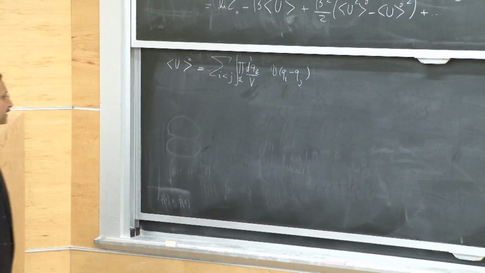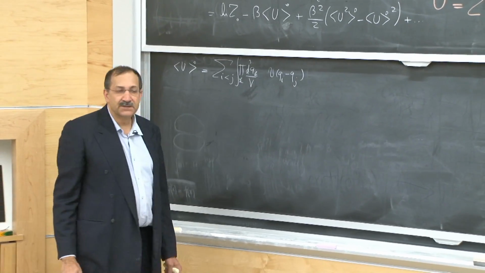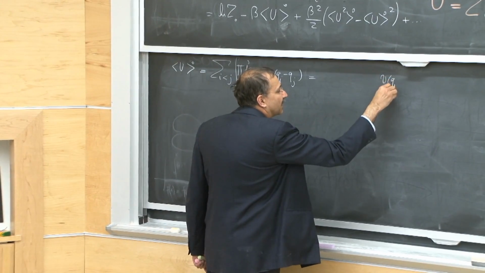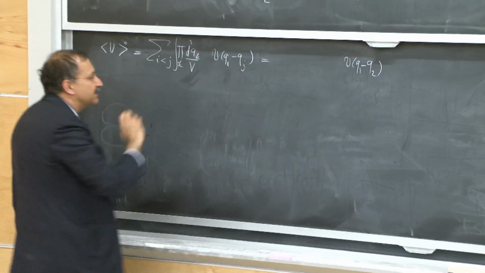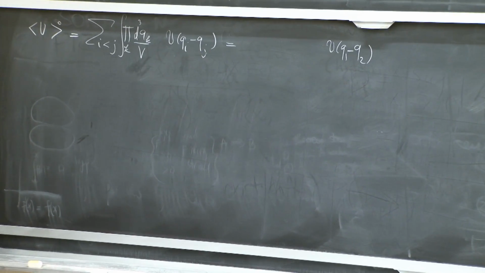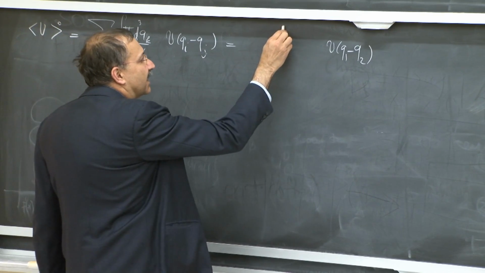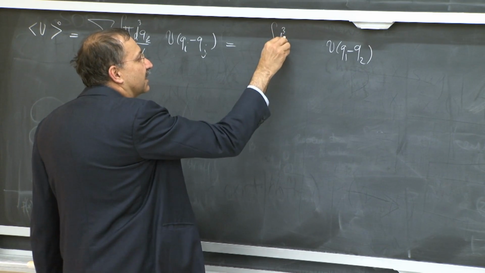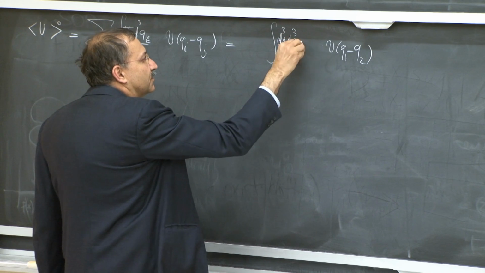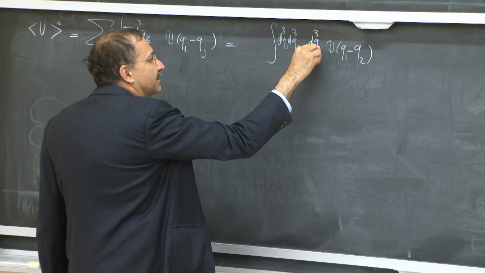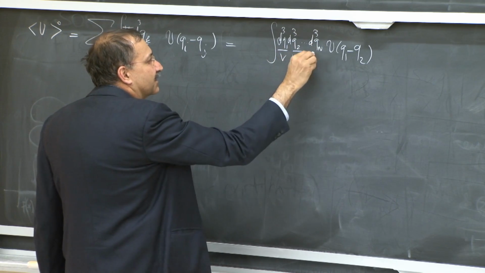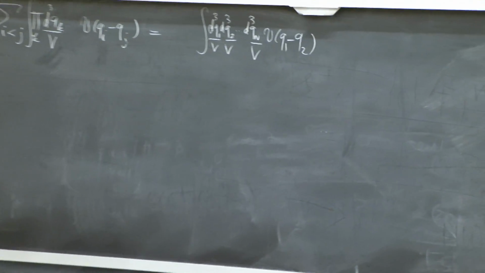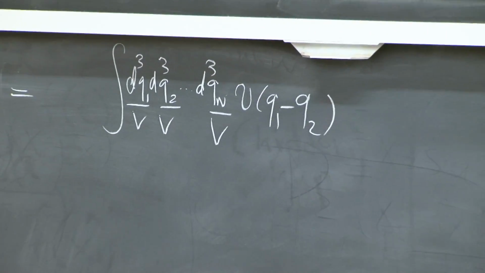OK, so let's say we look at the first term in this series, which involves v of q1 minus q2. Let's say we pick that pair, q1 and q2. And explicitly, what I have here is integrals over q1, q2, up to qn, each one of them coming with a factor of 1 over V. Now, of course, it doesn't matter which pair I pick.